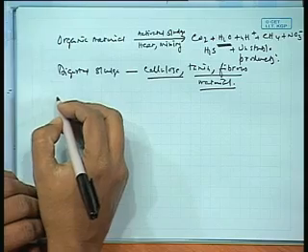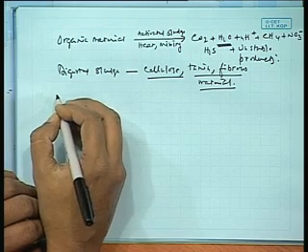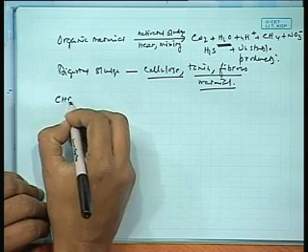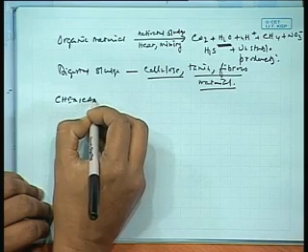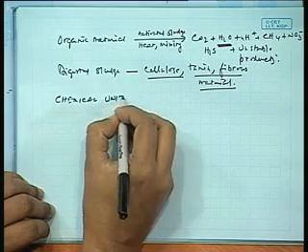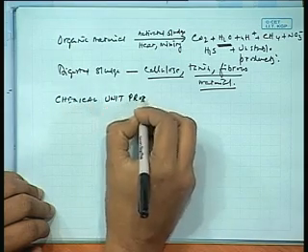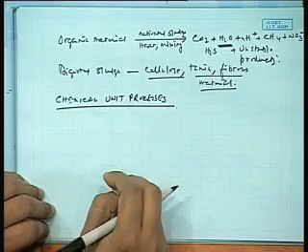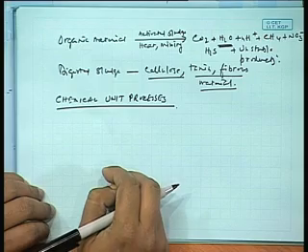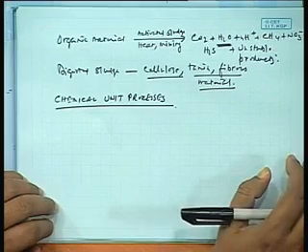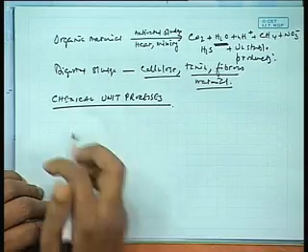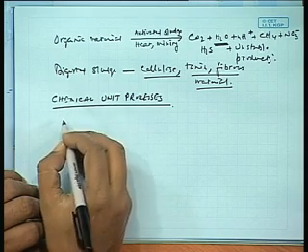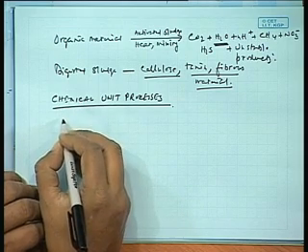So here, the second, very important other heading is the chemical unit processes. The next is this major heading, chemical unit processes, where we would be generally using some kind of method or treatment for treating the waste.